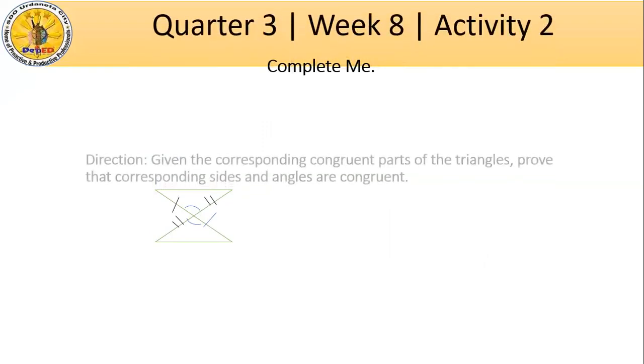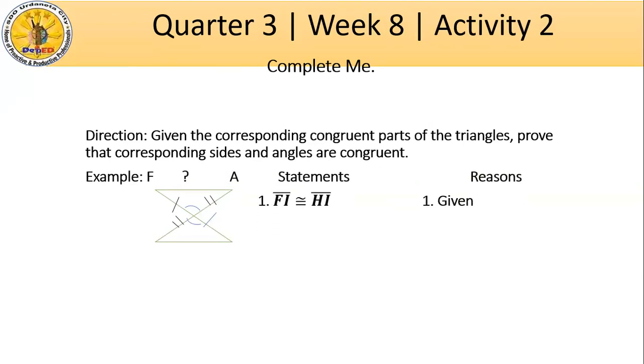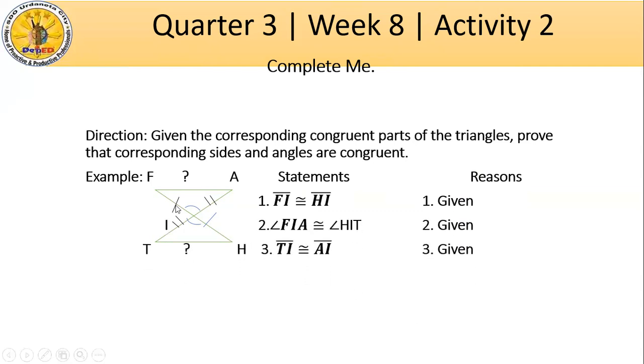For activity 2, which is entitled Complete Me, the direction is: given the corresponding congruent parts of the triangles, prove that the corresponding sides and angles are congruent. We have an example here. From the figure, look at the markings which are the same.